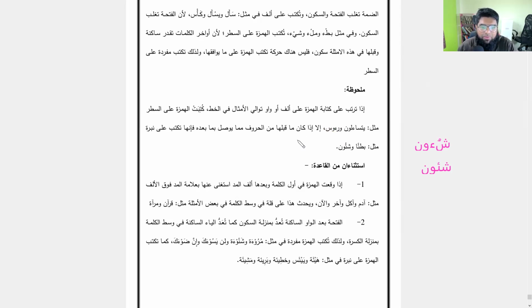So why not for shu'un? You can help me out with this, right? Because shu'un and ru'us, ru'us is written like this. So I know ru'us can also be written on a wow. But they're not writing on a wow. Ru'us.